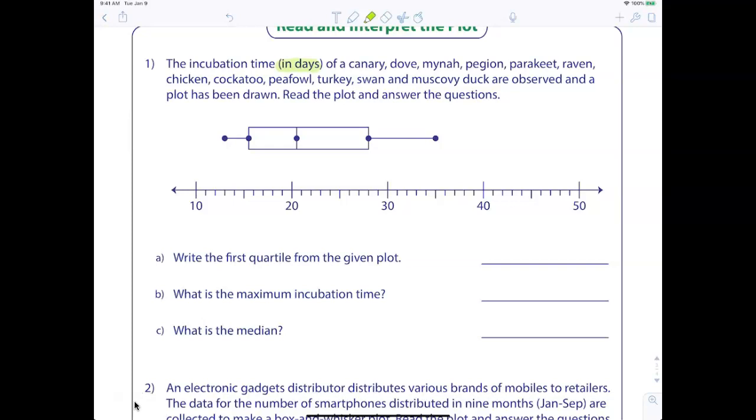So the first quartile. That's why I don't like the way it is, because I have to kind of estimate. What are you thinking? 15.5. I'm not sure, so I'm going to come over here and draw it straight down, even though it's a little bit too thick. I'm agreeing with you. I think 15.5.